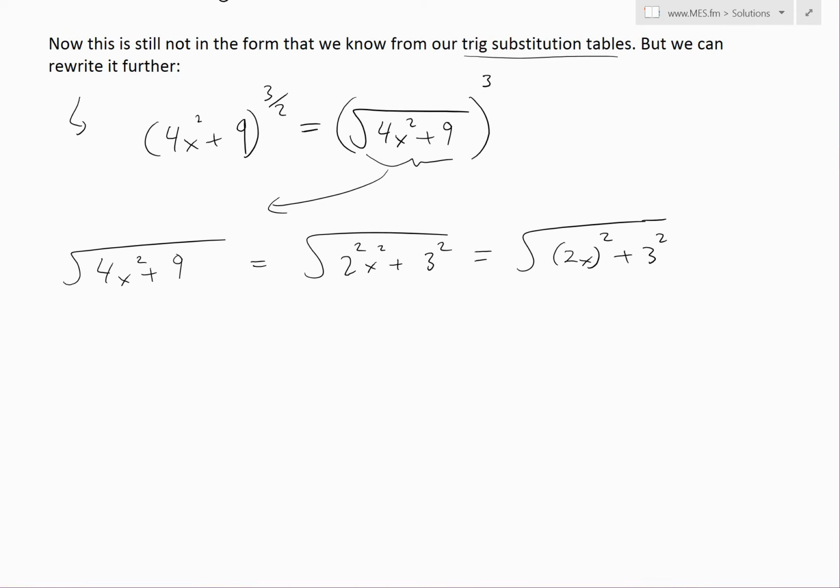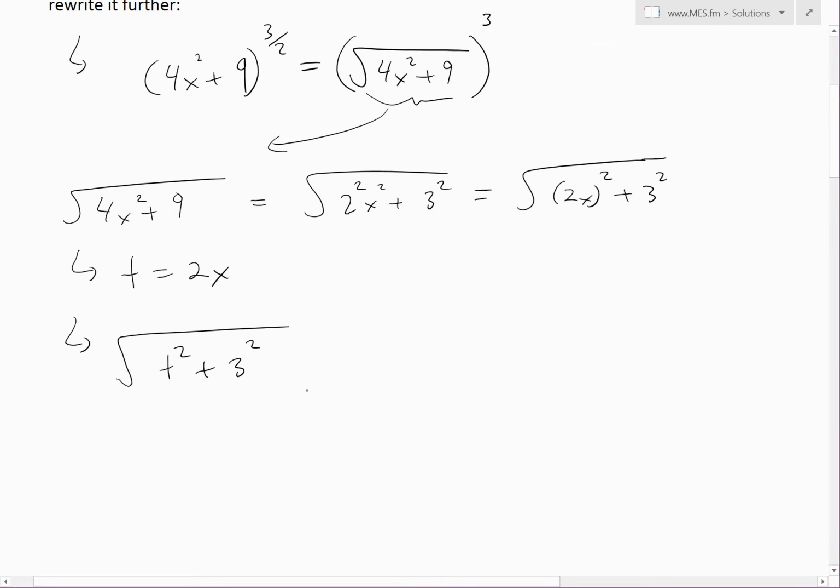As you can see, this is still not the form that we're used to, but this is pretty close. So if we use a substitution t equals 2x, then we get basically the square root of t squared plus 3 squared. And now this is in the form that we're used to.